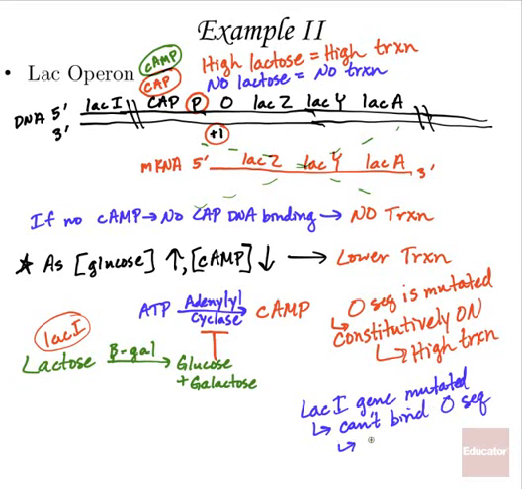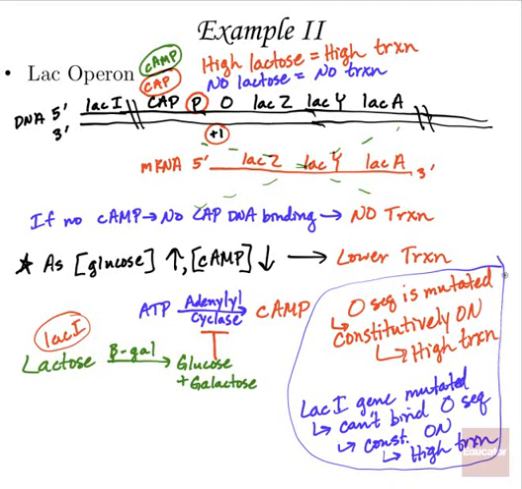So therefore, we have the same result as up here, constitutively on, leading to high transcription. So these obviously are not under normal circumstances. That's when we have a mutation. But this is just a couple other ways to see how this lac operon can be regulated or actually lose regulation.